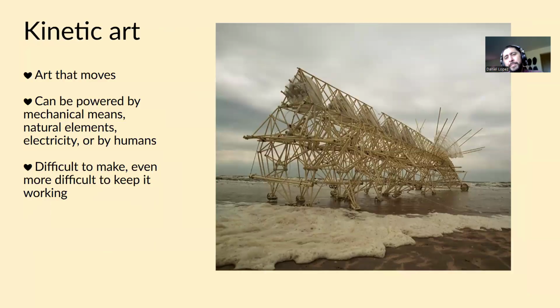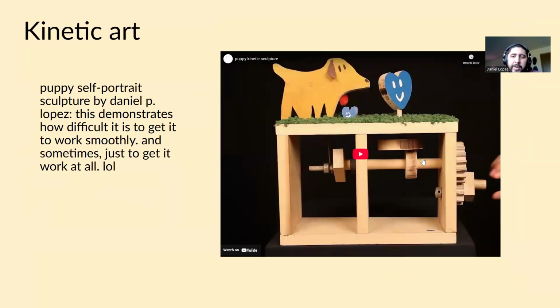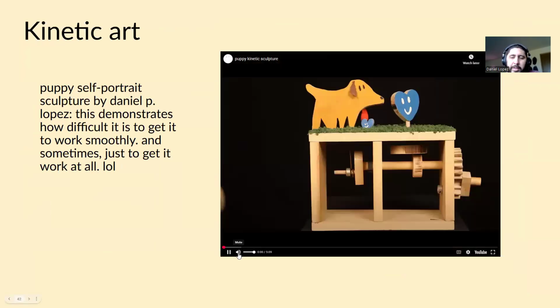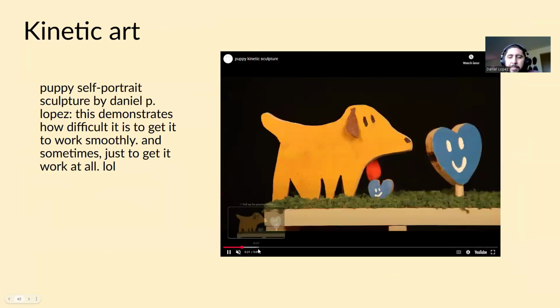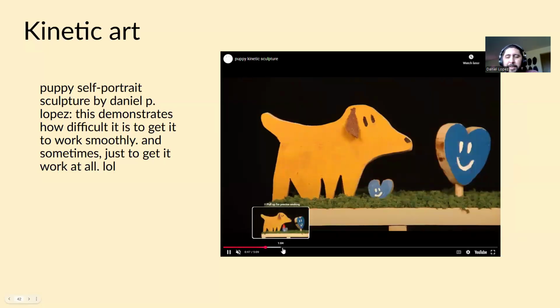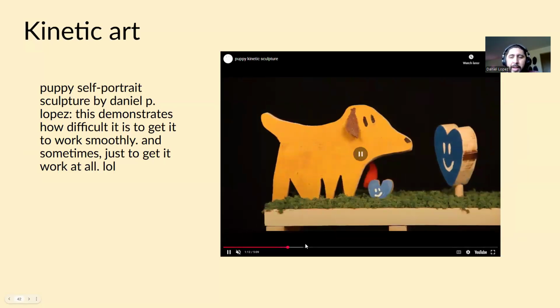Kinetic art is art that moves. We're going to talk more about this when we talk about time next week. So this is art that's powered by mechanical means, natural elements, electricity, or humans. And this is Strandbeests. Again, here's a kinetic sculpture that I made. This video is basically about how I sucked at making kinetic sculptures.